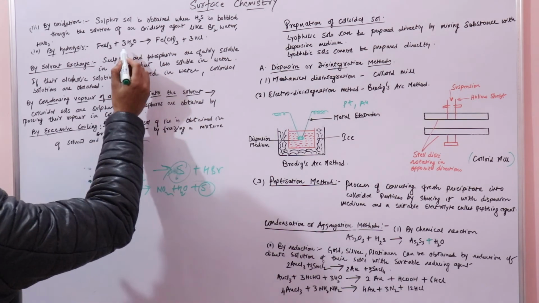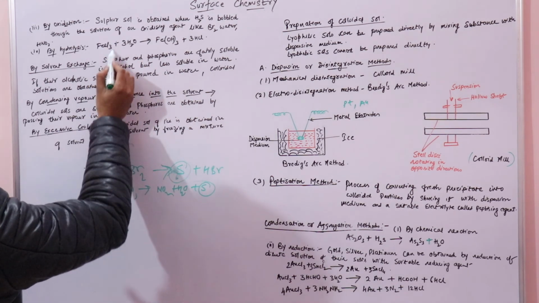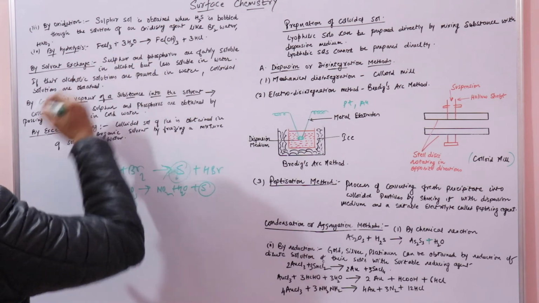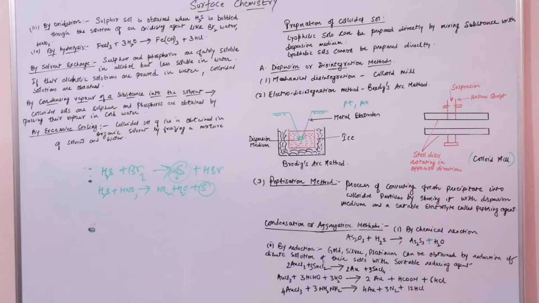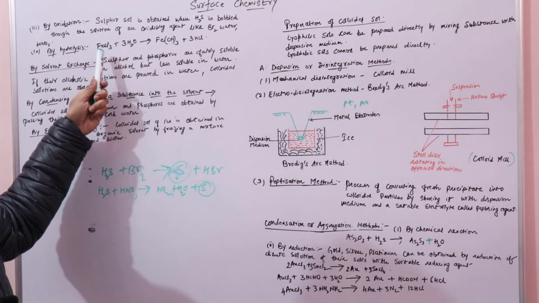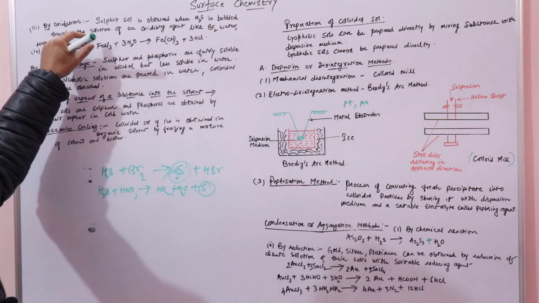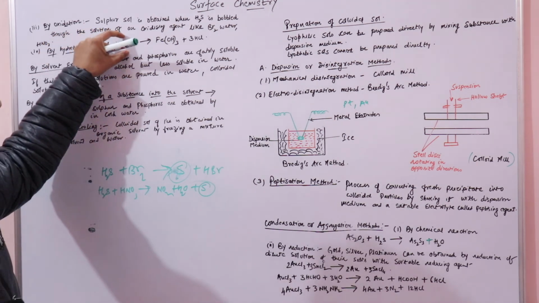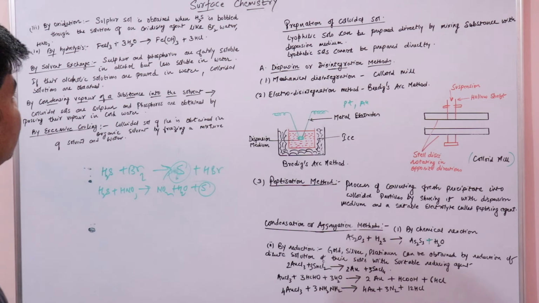So here you take these chlorides and you boil them with warm water. So you prepare the sol of ferric hydroxide. Similarly, by boiling aluminium chloride with warm water, you get aluminium hydroxide.